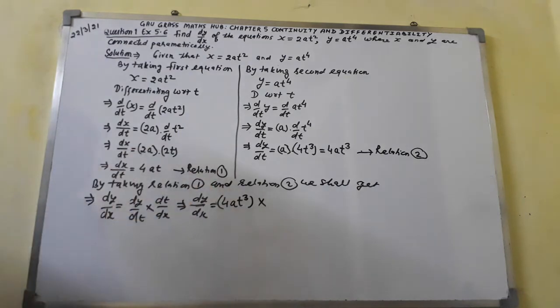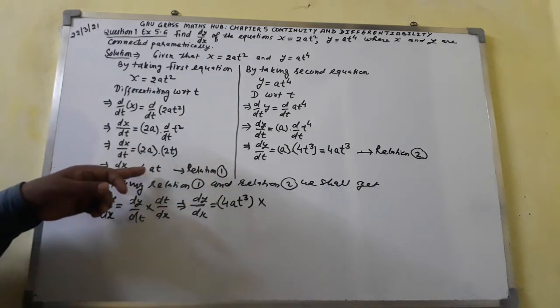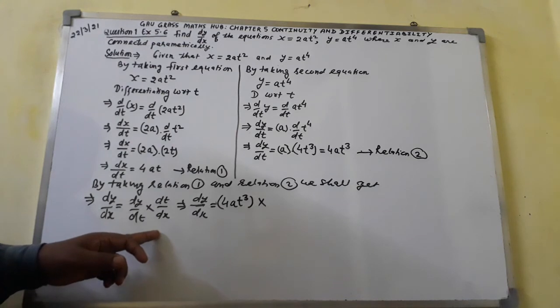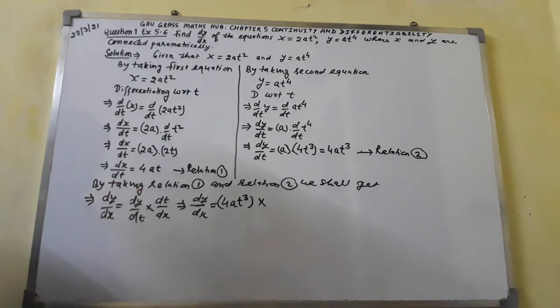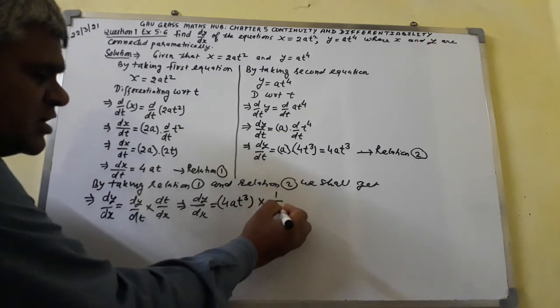That is relation number 1. Dx over dt equal to 4at will be reversed. So we will get here dt over dx, so I shall write 1 over 4at.